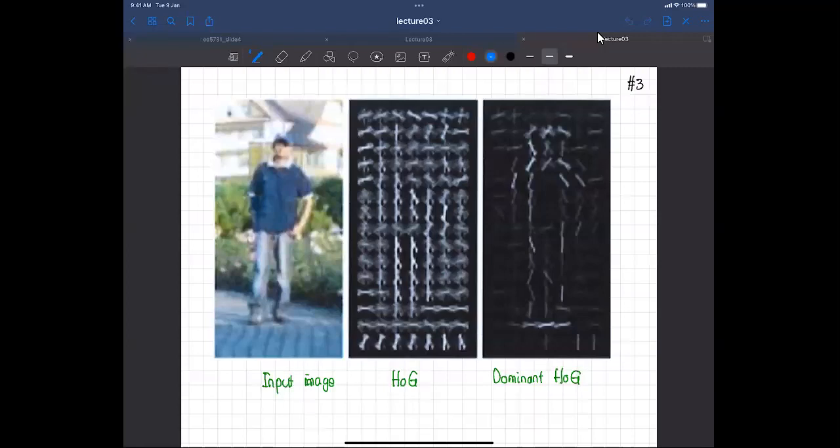For my data, because of my clothes, there's some texture in the middle. But for many other people, it will not be consistent. So it will be removed anyway when you do the training. And because the most consistent orientation of the contour will be the body contour, that's how we can get the information of the human being.